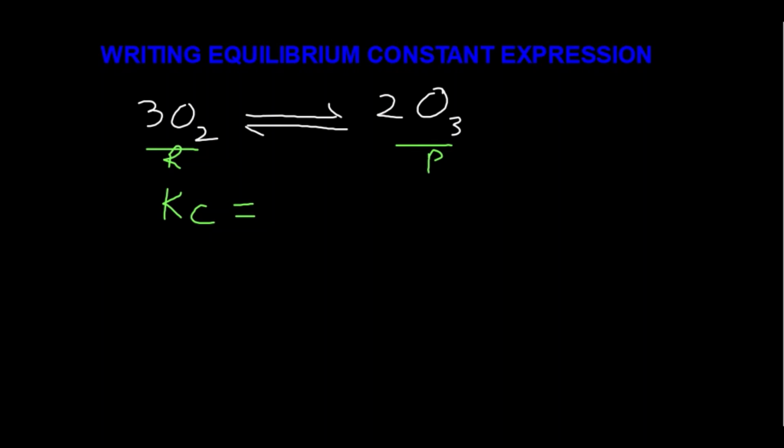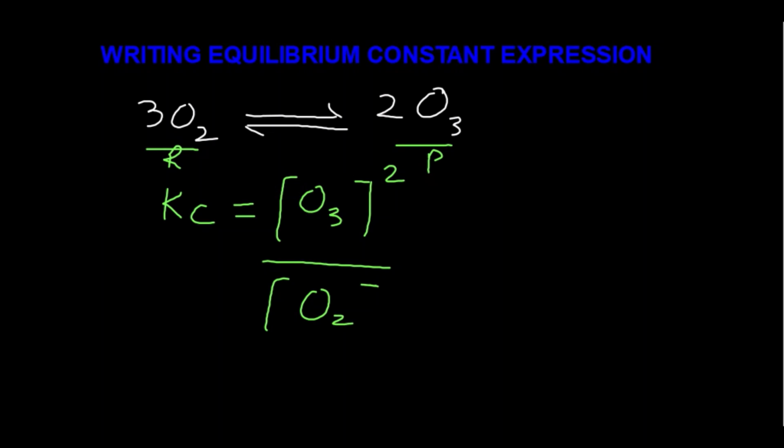So Kc is equal to O3. How many moles of O3 are given? The number of moles of ozone, the coefficient of the balanced equation, changes to power. Since there are 2 moles, we write O3 raised to the power 2. Right students? Over oxygen, which is the reactant.